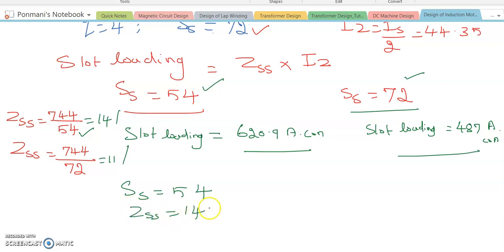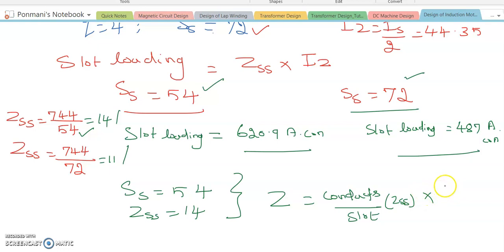So conductors per slot multiplied with the slots, you will be getting the total number of conductors, and then the total number of turns you can calculate. So total number of conductors Z is equal to conductors per slot ZSS multiplied with total number of slots SS.